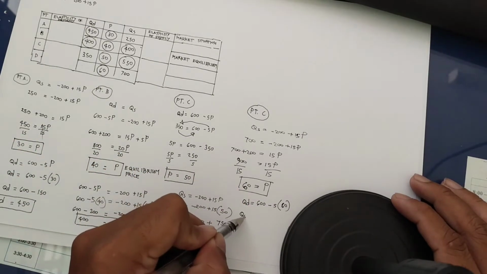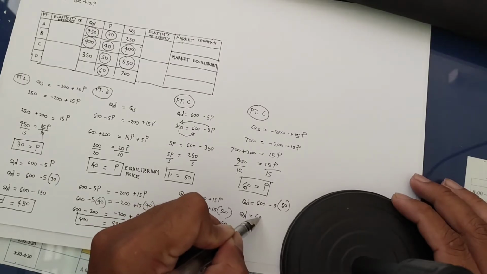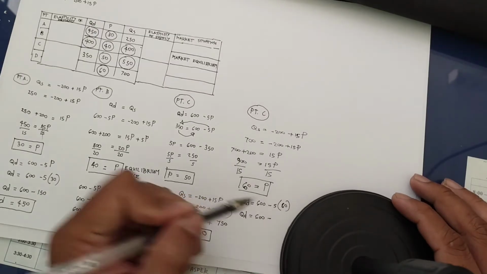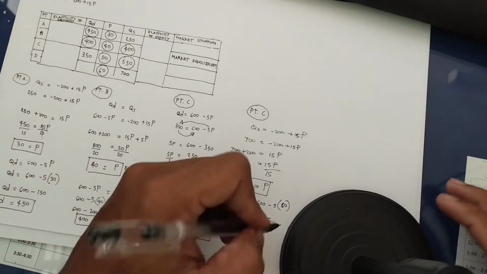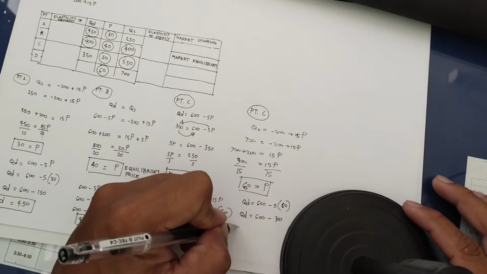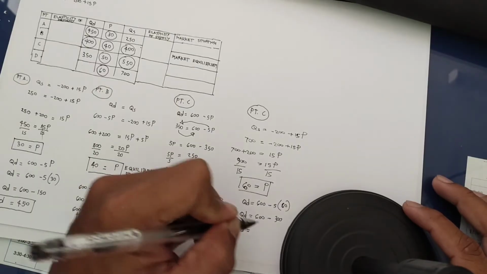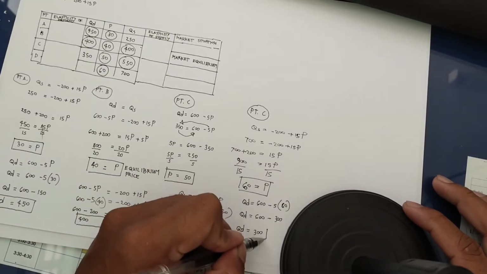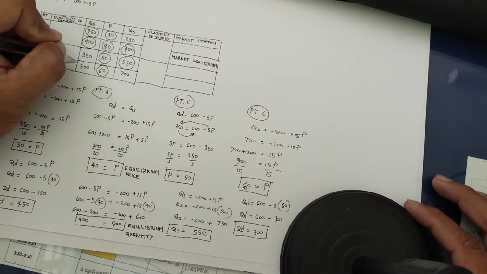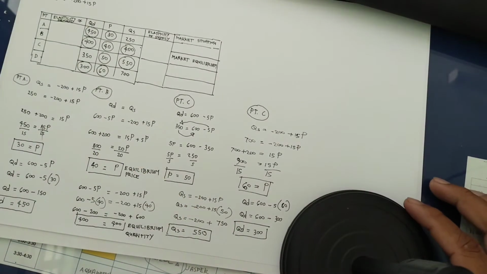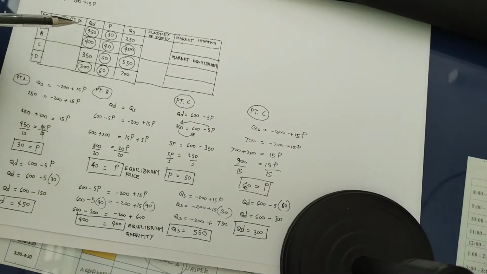So QD is equal to 600 minus, times 5, that is 300. So QD is equal to 300. Okay, so now we are complete.